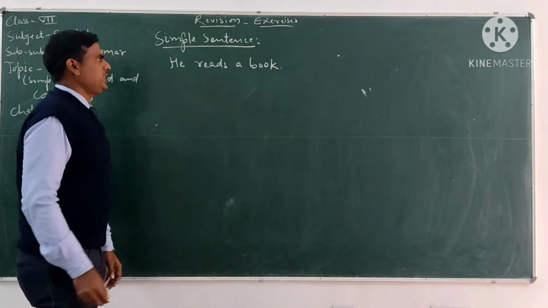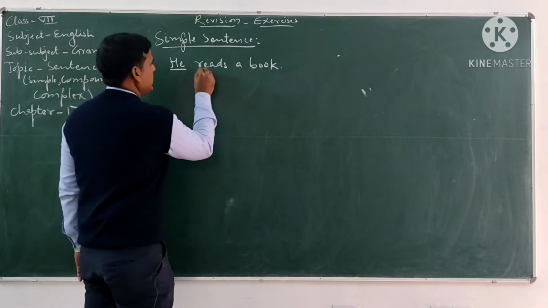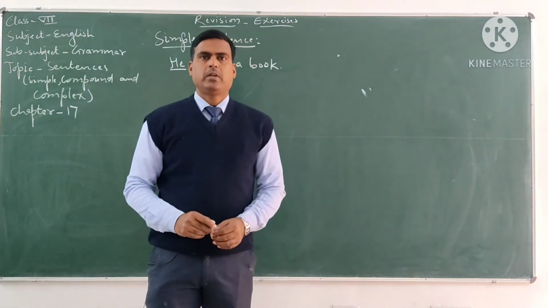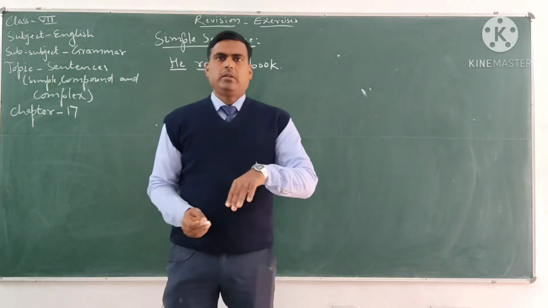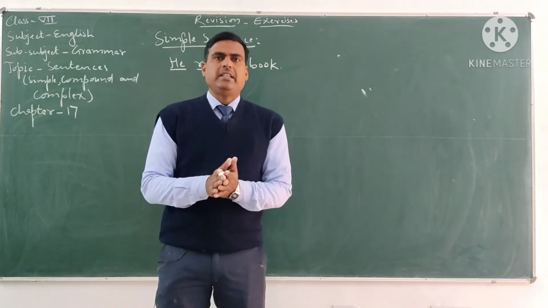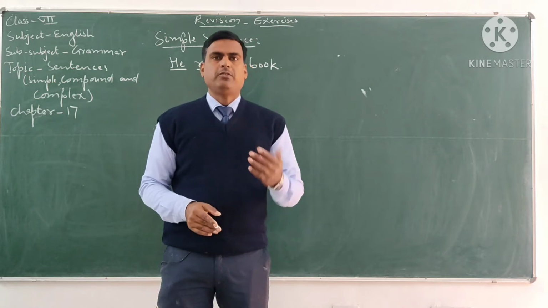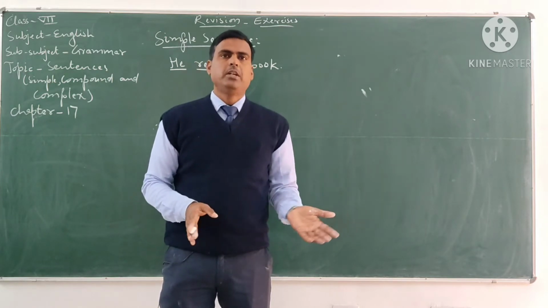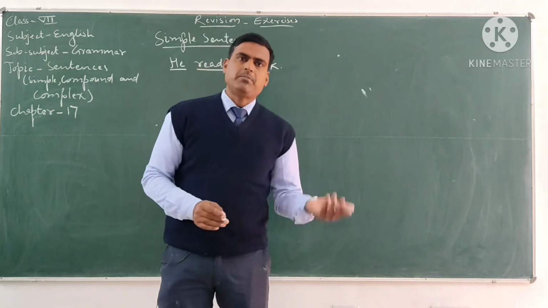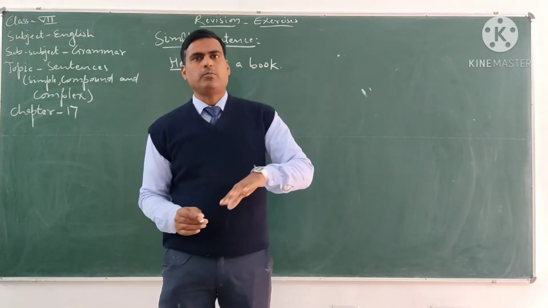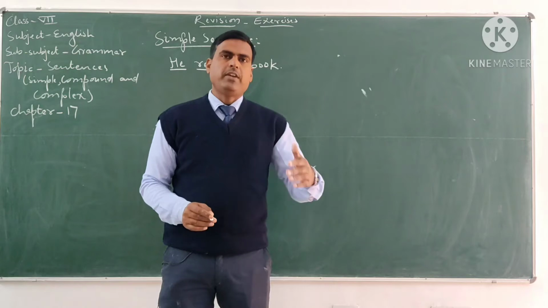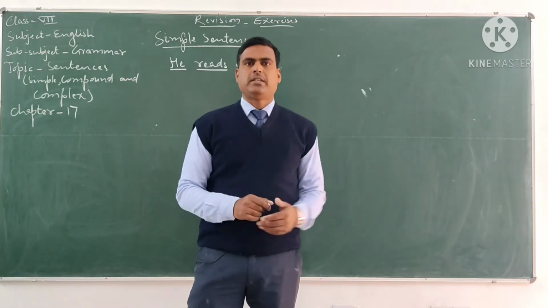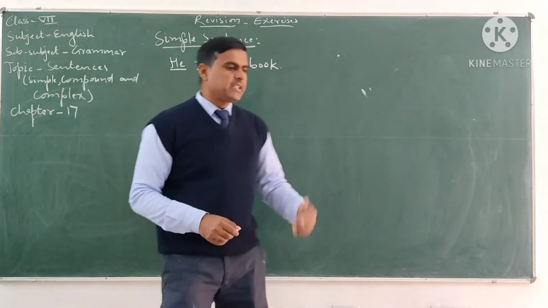In this sentence we see that there is only one subject and one finite verb. If we want to make any sentence simple, we have to use only one finite verb. If there are more than one finite verb, the sentence will not be a simple sentence. We have to change those verbs into non-finite to make it a simple sentence.